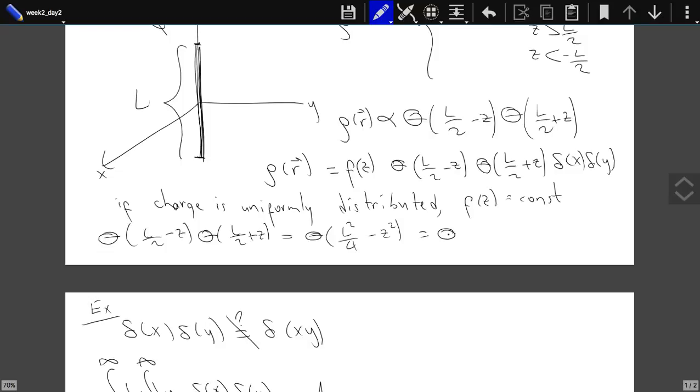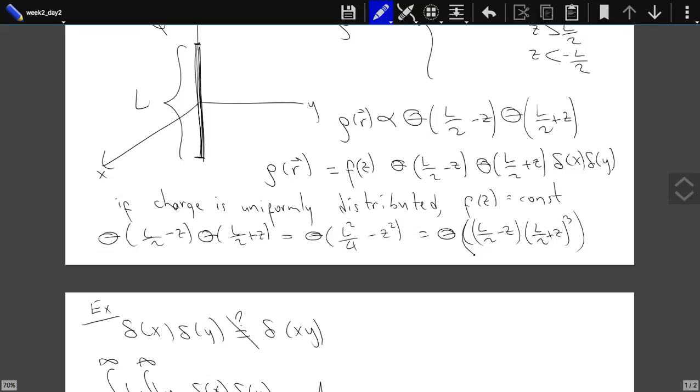Well, let me also write it in this way. Here, I'm not really multiplying the arguments to write this equality.